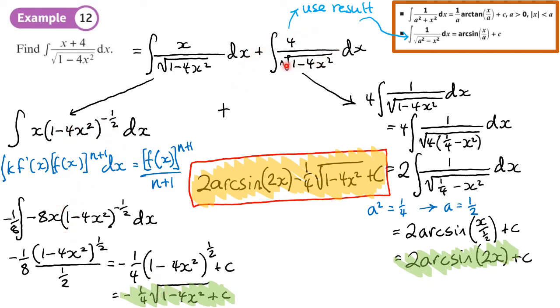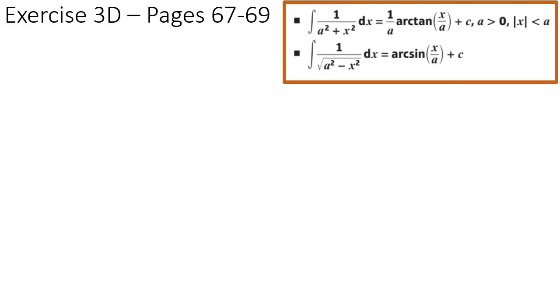The other half, well, we could get it to look like one of these standard results, but written like that, you can't use any sort of standard result or any method. Yeah. So sometimes it needs splitting up into 2 parts, and then each part you can use a different method to integrate. You should now be able to do exercise 3D on pages 67 to 69.